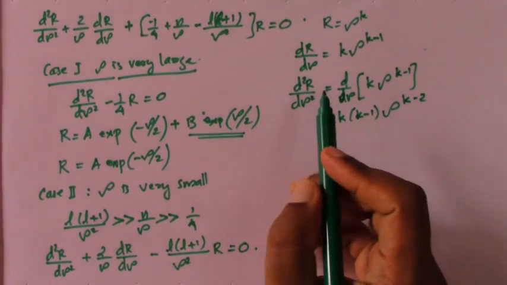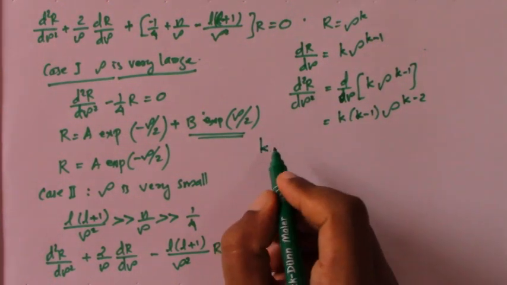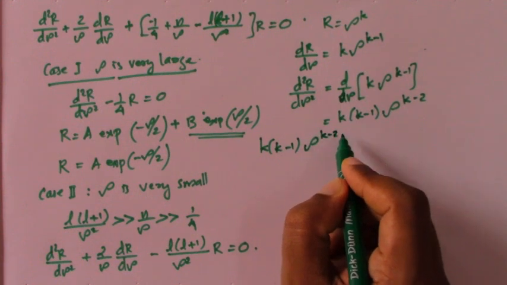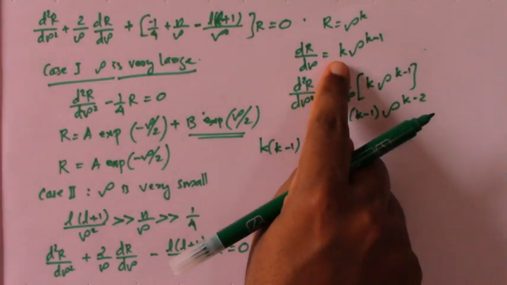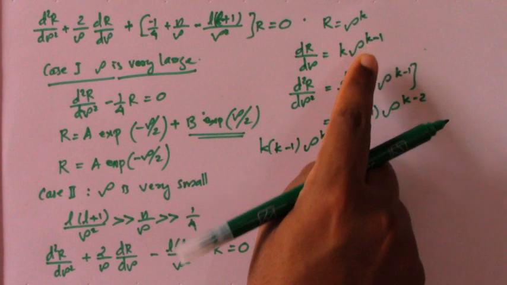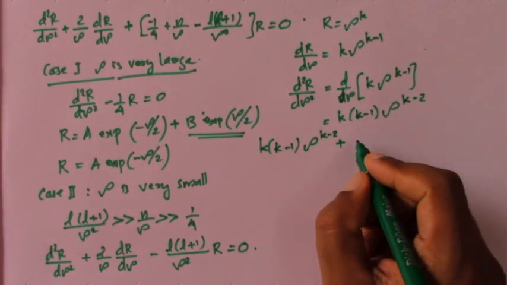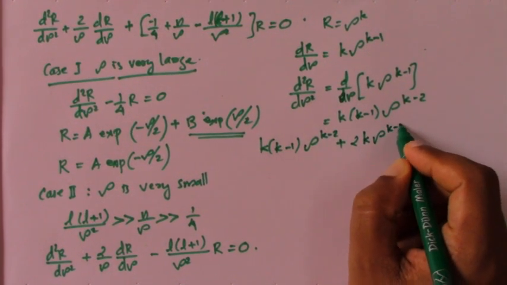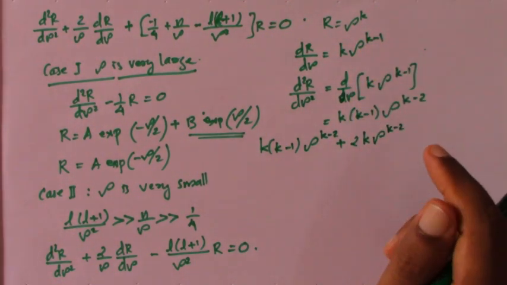Then we get k(k−1)ρ^(k−2) + (2/ρ) dr/dρ. dr/dρ is kρ^(k−1), and 2/ρ times this quantity is 2kρ^(k−2), because ρ^(k−1) divided by ρ is ρ^(k−2).